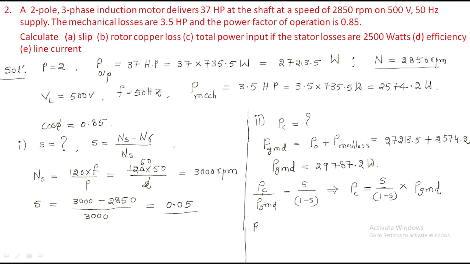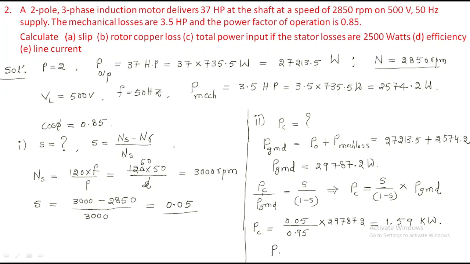Just write that Pc equals S, which is 0.05, over 0.95, into gross mechanical power developed, 29787.2. By doing the calculation we will get rotor copper loss as 1.59 kilowatts.